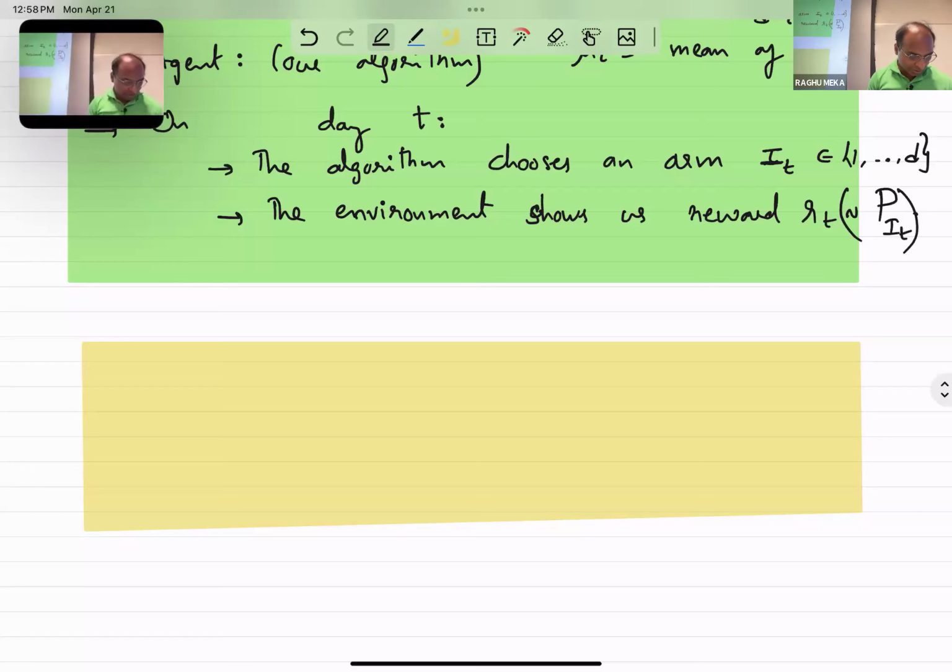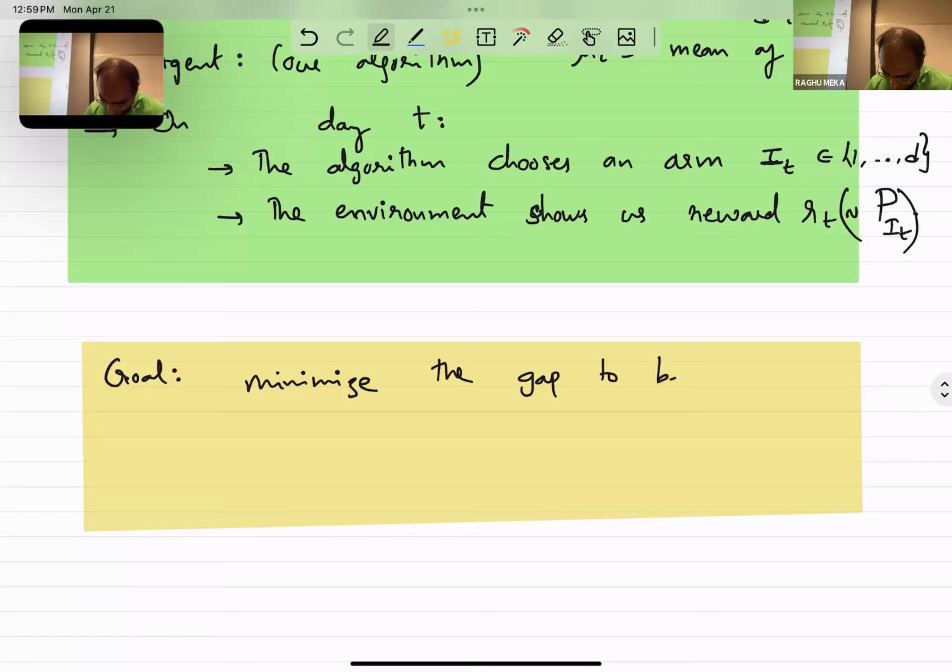So the goal is to minimize the gap to the best choice. I'll just write it down in a second.